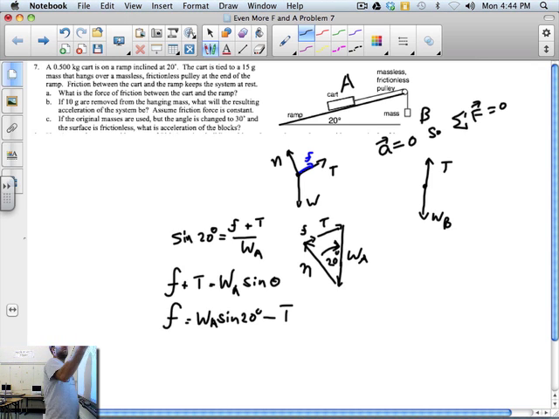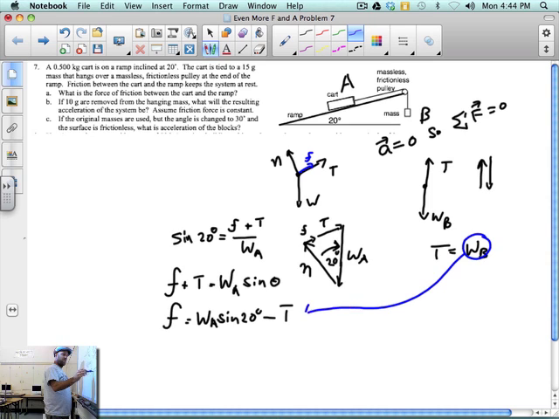So this means that my tension going up and my weight going down must be equal. And I know my weight in the problem. So I can just replace, so tension equals weight in magnitude. So I can take this and I can plug it in here since the system is at equilibrium.